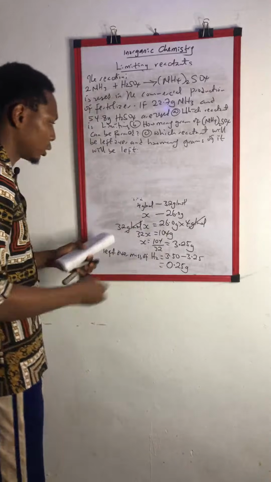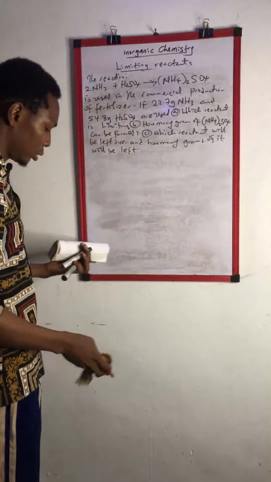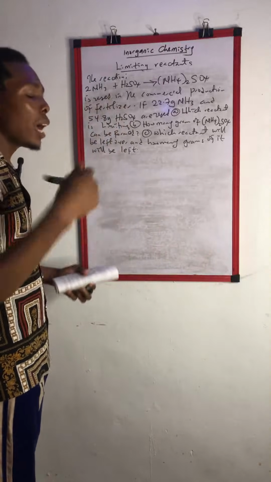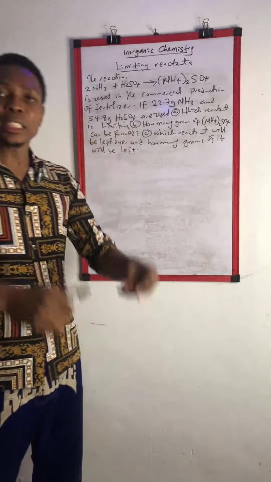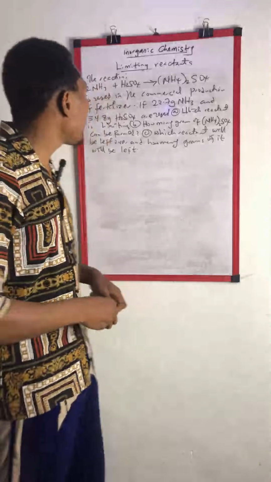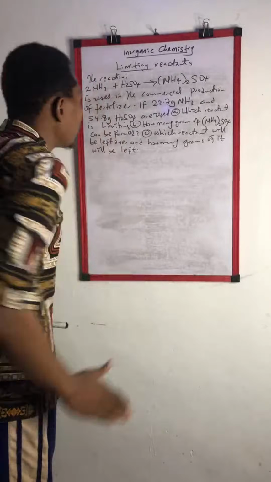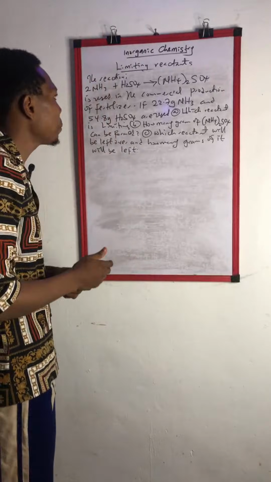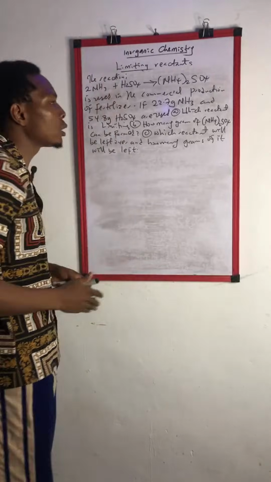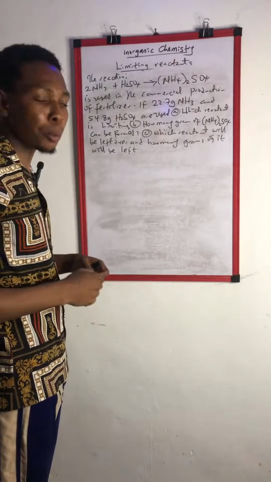All right. Now, it's similar to what we've already done. Here, we are given 2 moles of ammonia. Then we're also given our H2SO4, which is our sulfate, to form this product.